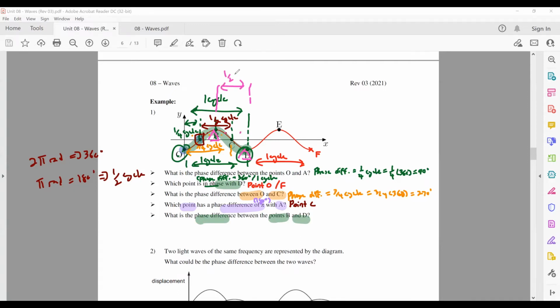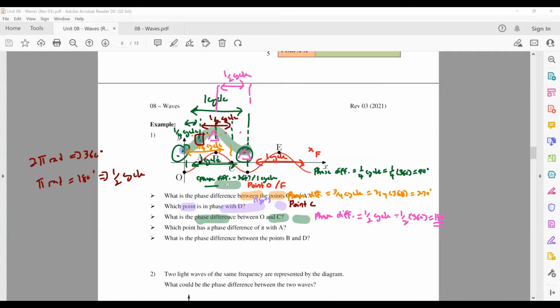This one is half a cycle. So the phase difference is half a cycle, giving me half of 360, which is 180 degrees.